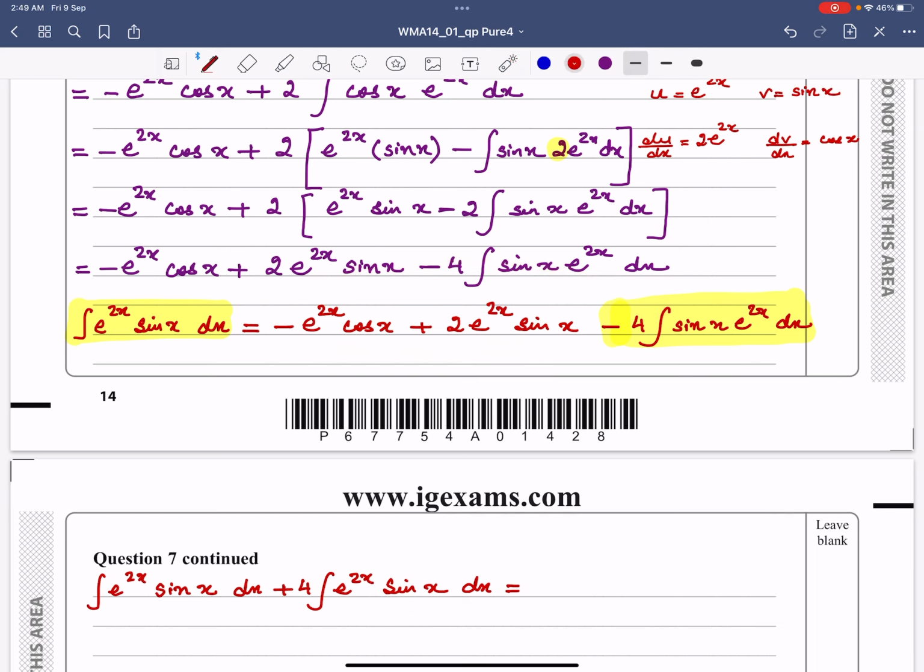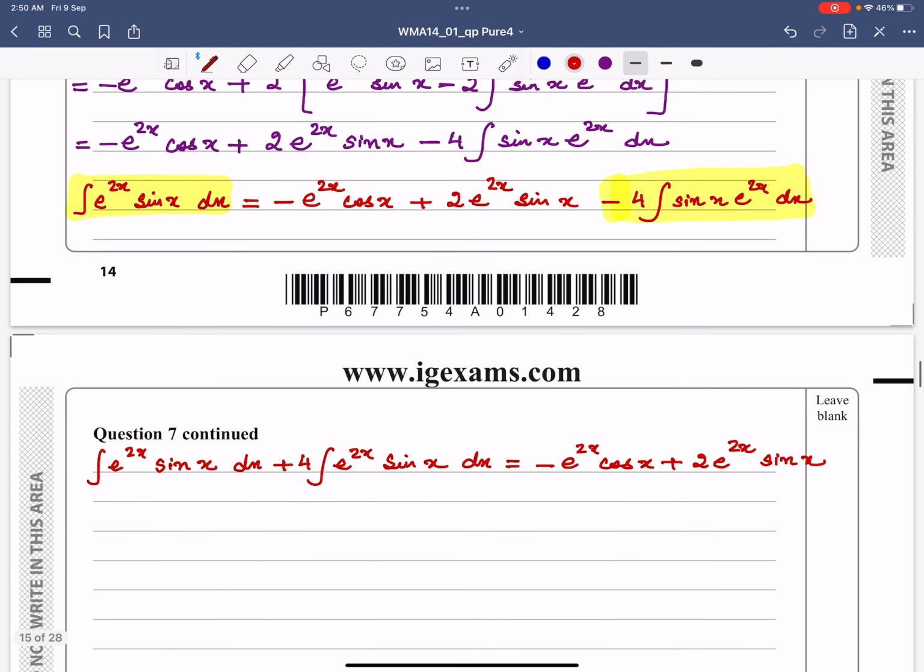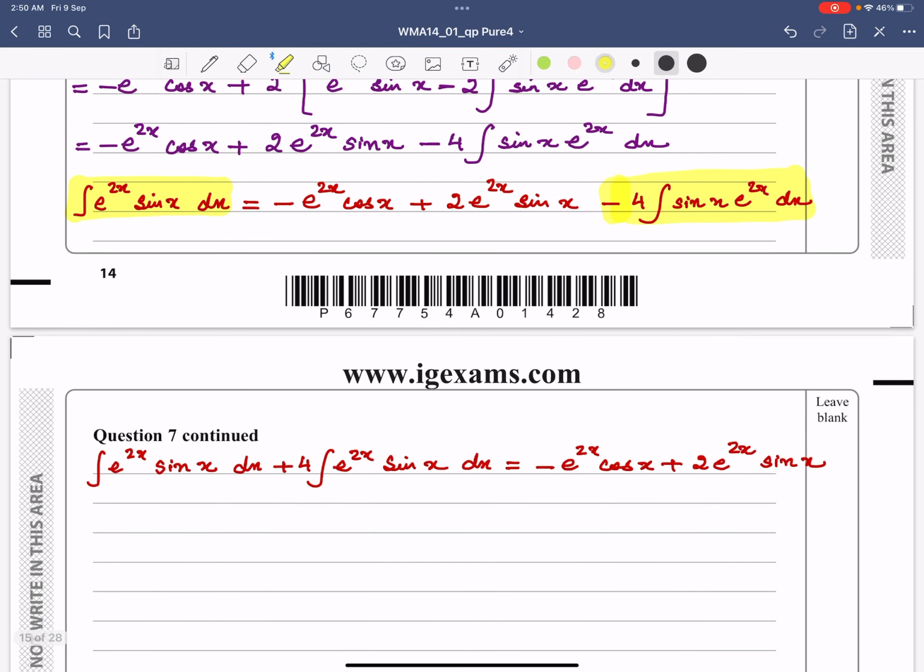That is equal to minus e to the power of 2x cosine x plus 2 e to the power of 2x sine x. So now we can add up these two like terms. E to the power of 2x sine x is like 1 e to the power of 2x sine x plus 4 into integral of.